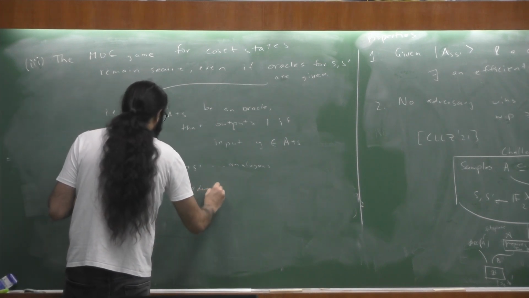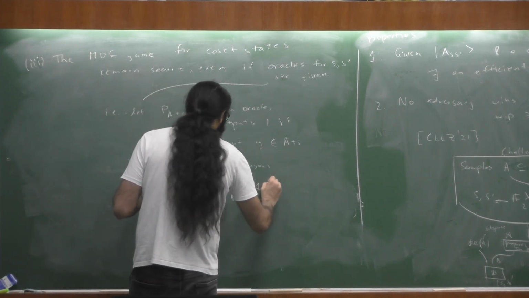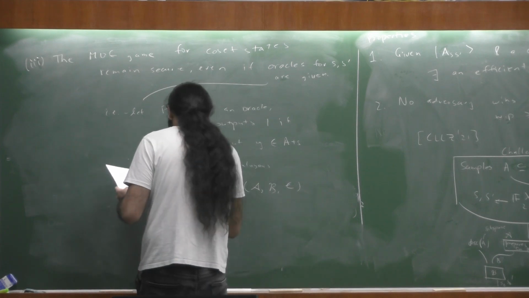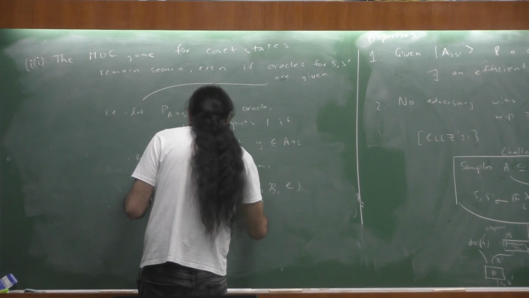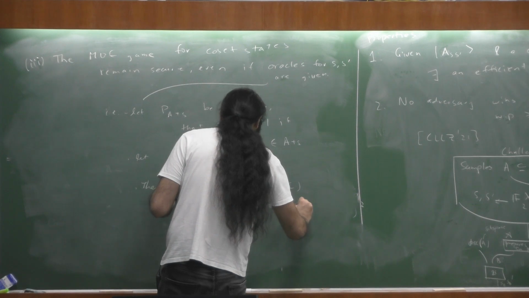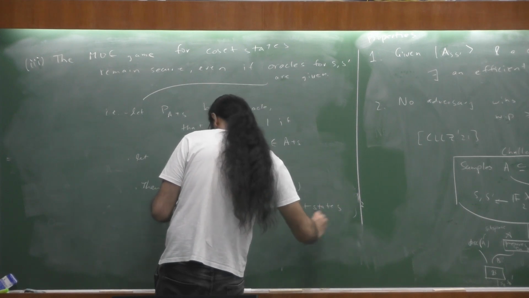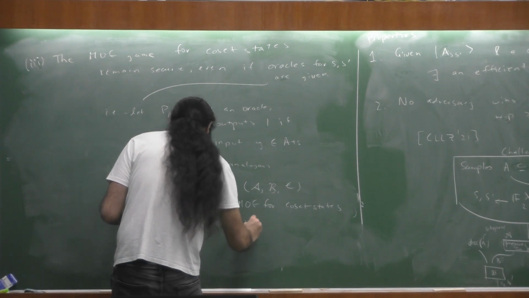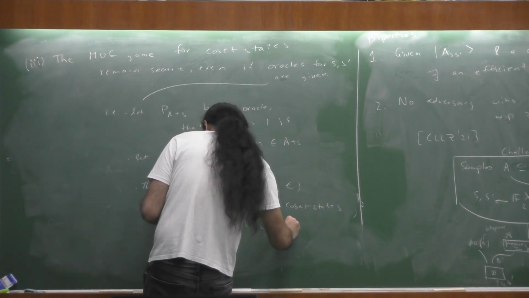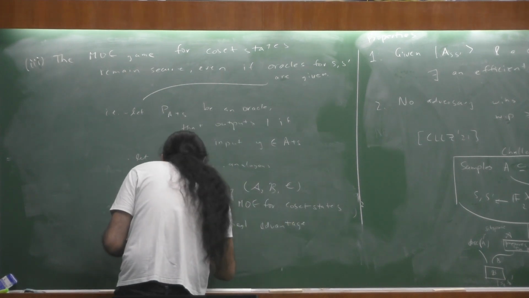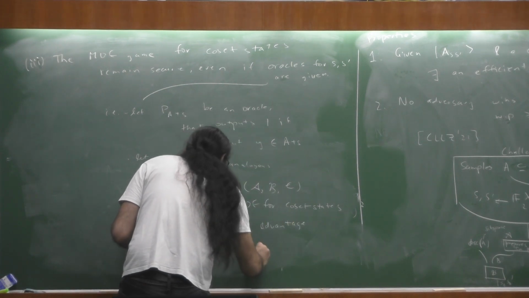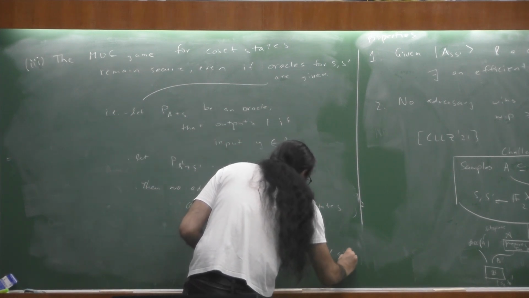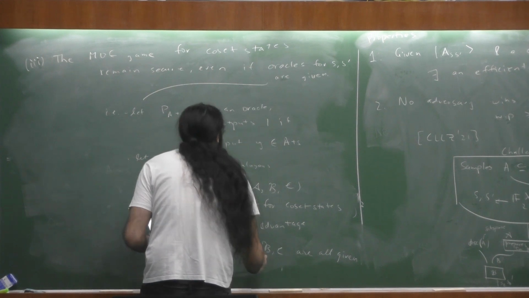So you let these two oracles, then no adversary ABC in that game can win MOE for coset states with non-negligible probability, or non-negligible advantage, even if all of them, A, B, C, are given oracle access.